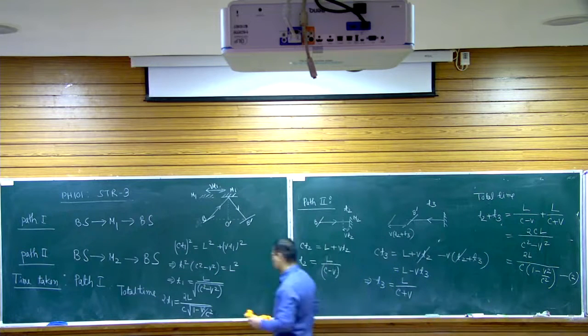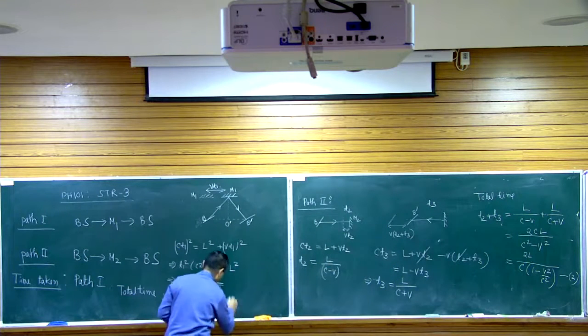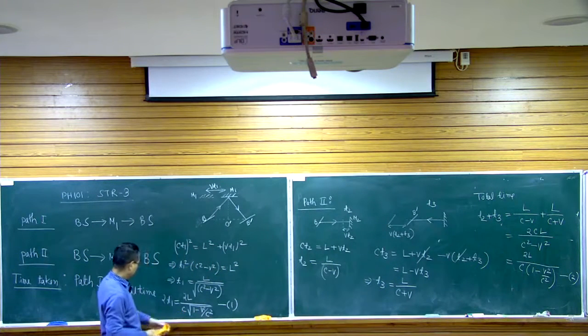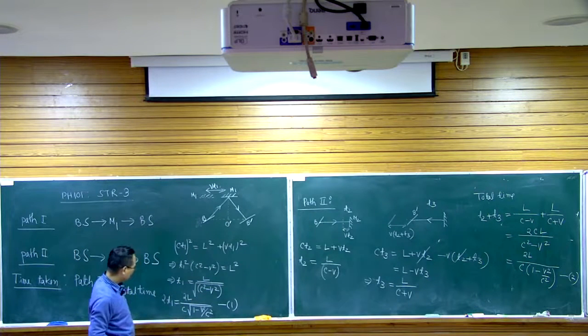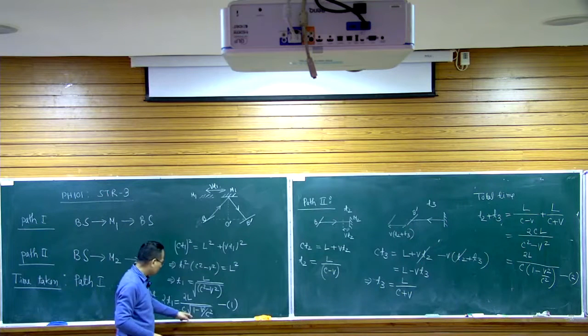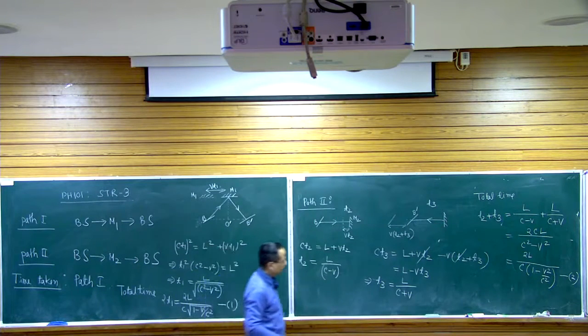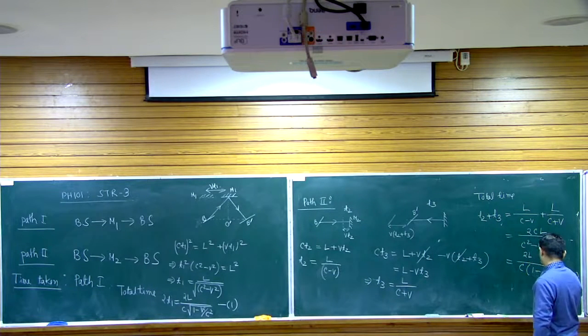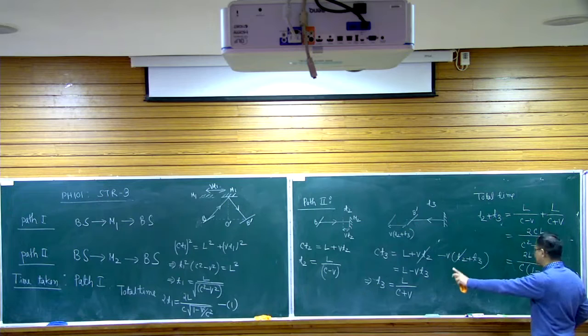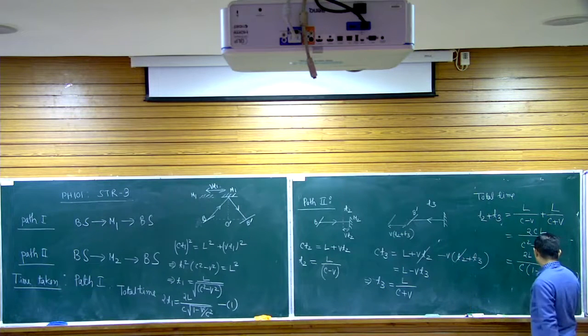And if you compare with expression 1, 2L by C is present in both the expressions, but in one denominator you have square root of 1 minus V square by C square, whereas in the other expression you have 1 minus V square by C square. So there is a square root appearing along path 1.